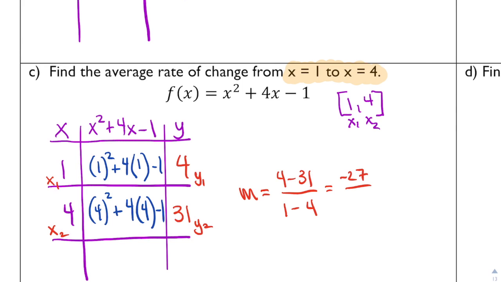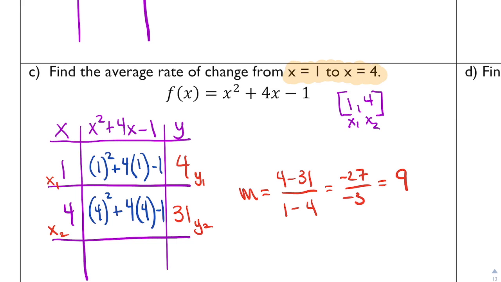Oops, make sure you're using your subtract and not your negative sign, -3. And then when we divide that out, we get a positive 9. And that is our average rate of change.